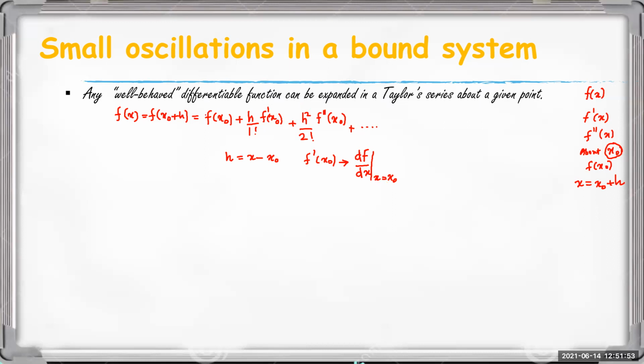This is the expansion, and after that there may be h cube divided by 3 factorial f triple dash of x0, plus h raised to 4 by 4 factorial f quadruple dash of x0, plus etc. It may tend to infinity, with infinite terms.